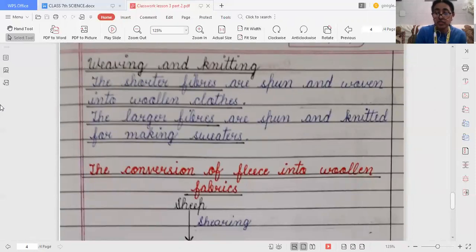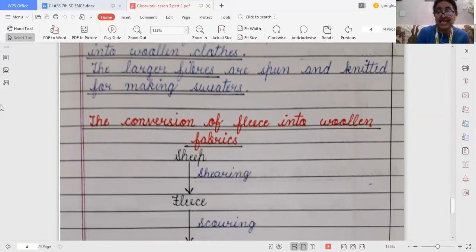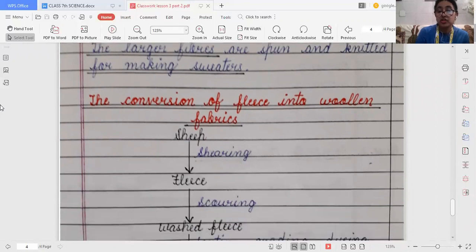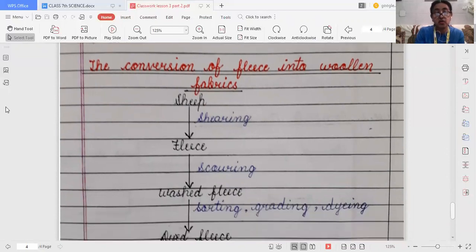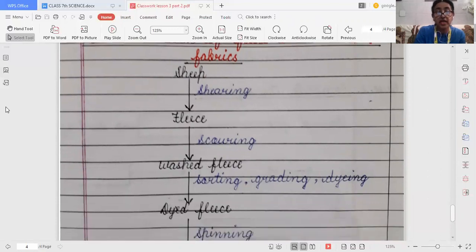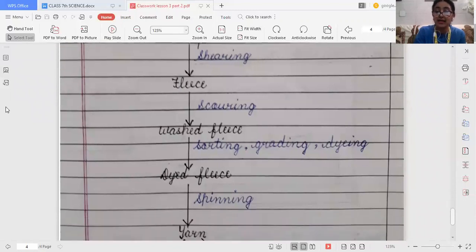So now we will come to the summary, how the conversion of fleece into woolen fabric takes place. First, the sheep is sheared, the fleece is taken out. Then the fleece is washed, known as scouring. Then the washed fleece is sorted out and graded. Then, whichever color is required, they are dyed in that color.